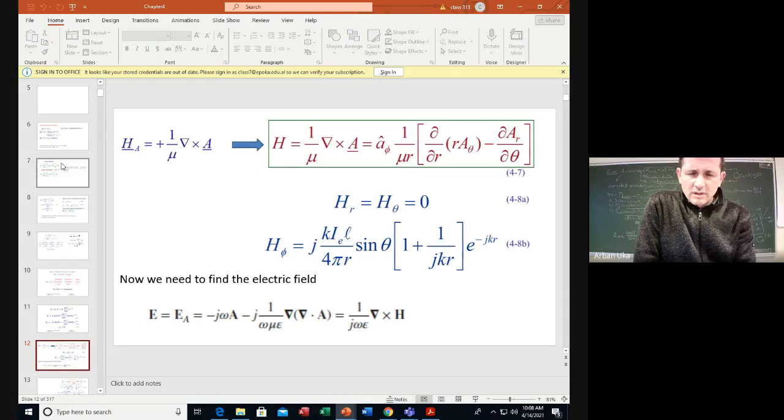Now, if we have the A, so given A, we can then try to calculate the curl of A in spherical coordinate system. And the del operator in spherical coordinate system should include a derivative with respect to r and another derivative with respect to theta.